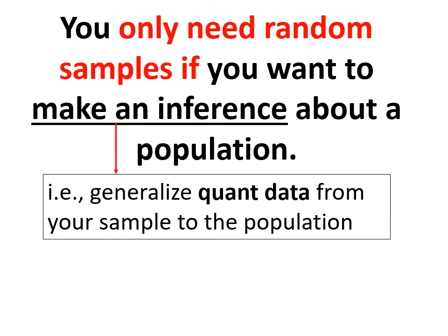If you don't want to generalize, then you don't need a random sample. Technically I suppose you could do this with qualitative data, but that's a lot messier. This is almost always with quantitative data.